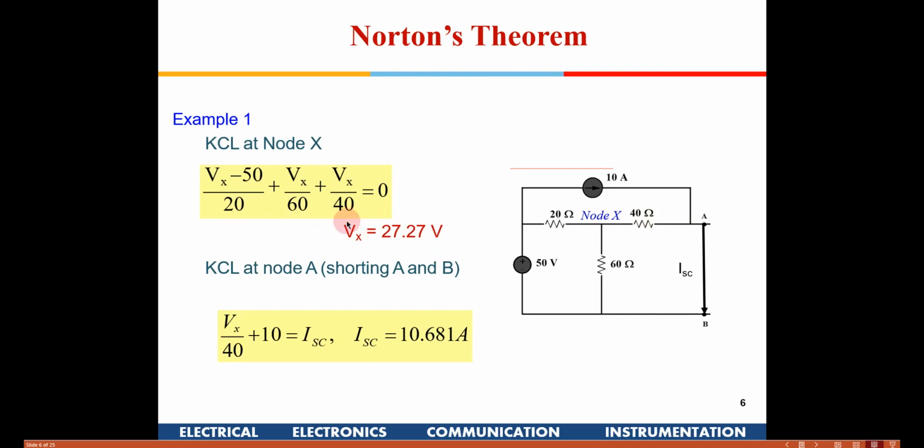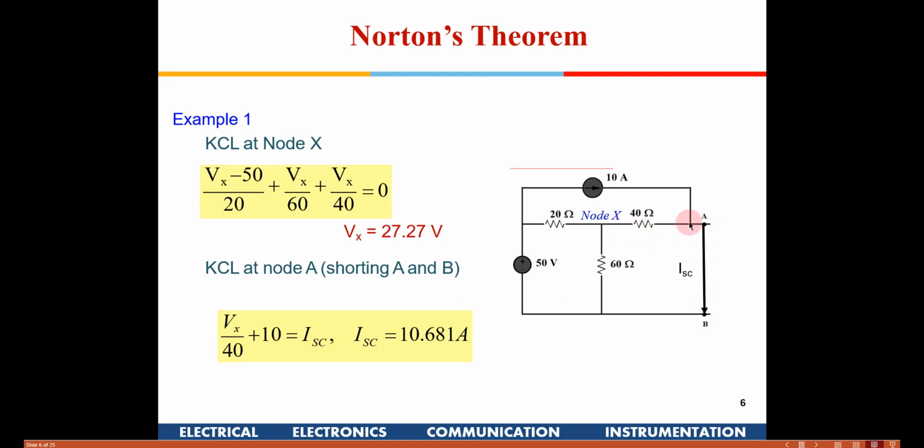Now we are going to write the node equation at node A. At node A, 10 amperes is coming into the circuit, and also this is Vx. This is ground potential. Since we have put a short circuit, when we short these two terminals, the potential between these two will become the same, so this ground potential is available here also.